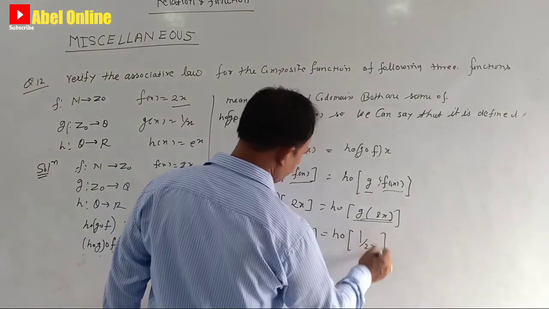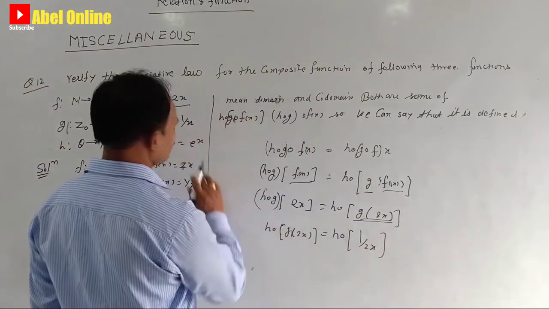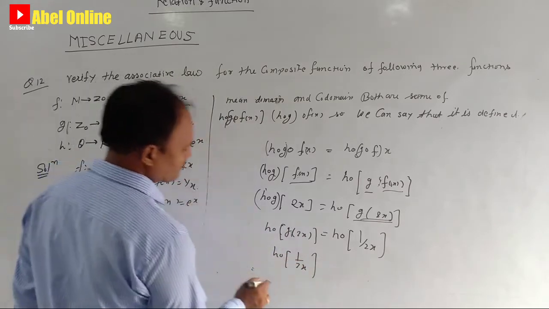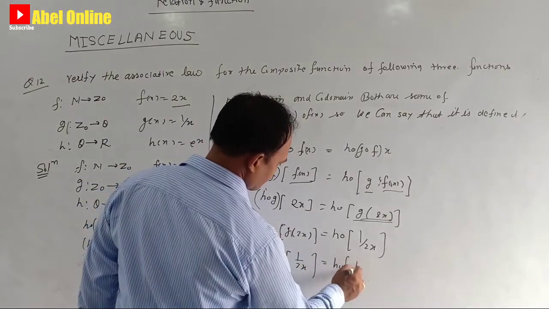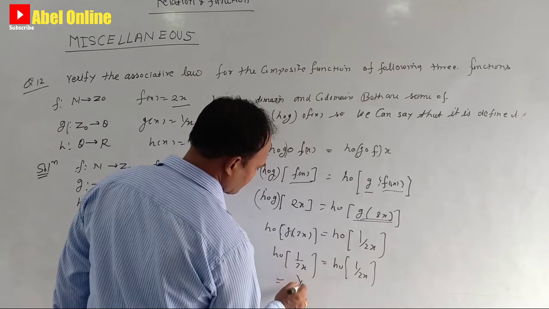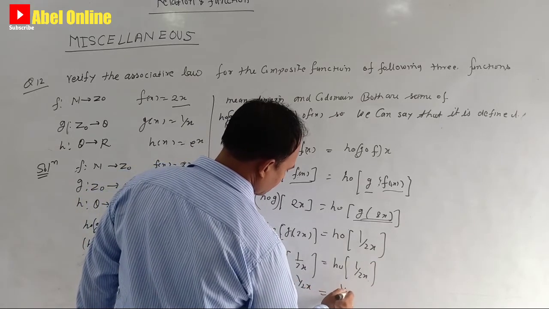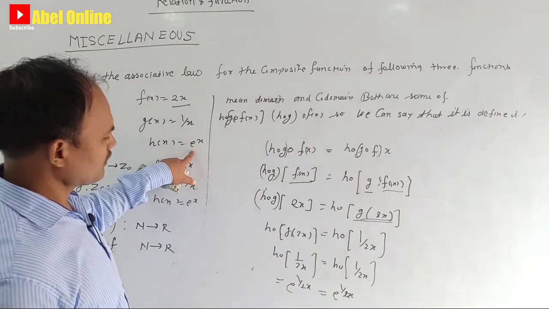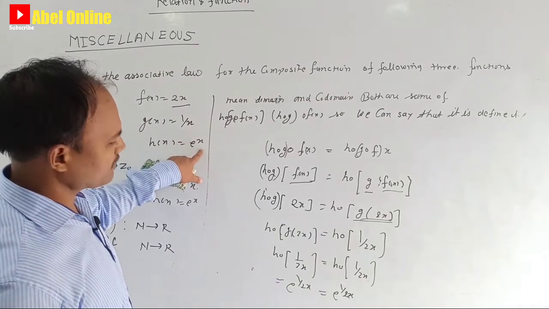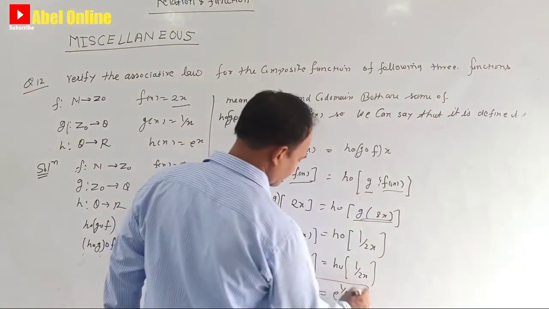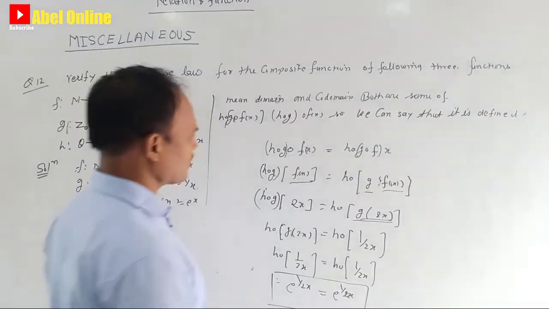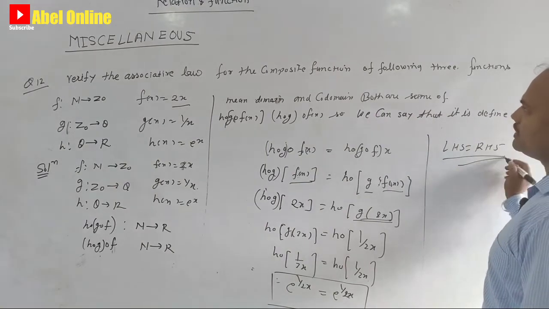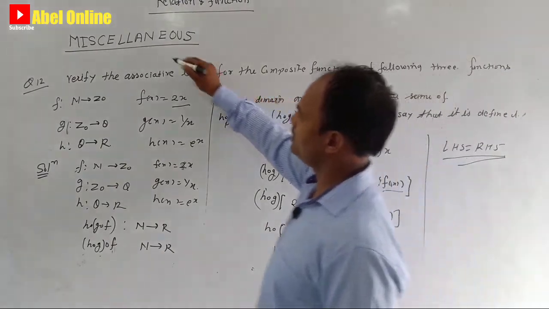So it is 1 upon 2x, and it is also 1 upon 2x. So what is the value of h of x? It means e to the power 1 upon 2x, and it is also e to the power 1 upon 2x, because when we put e to the power 2x here, it is 1 upon e to the power 2x, so it is also 1 upon e to the power 2x. So students, the value of LHS equals RHS. So we can say that the given functions follow the associative law.